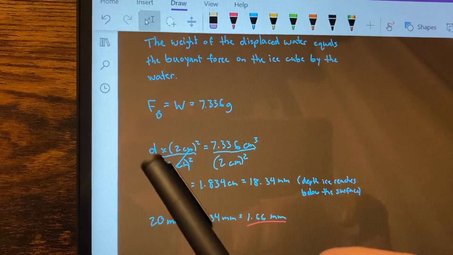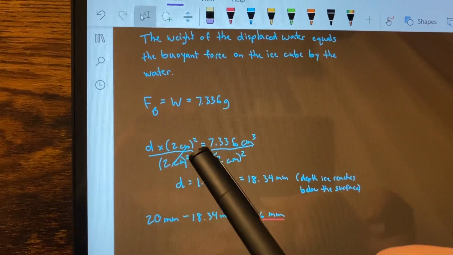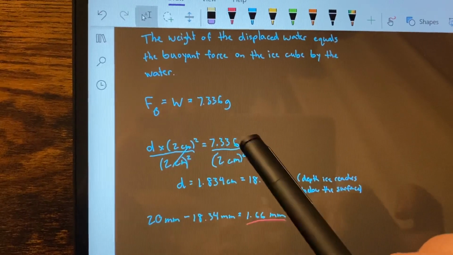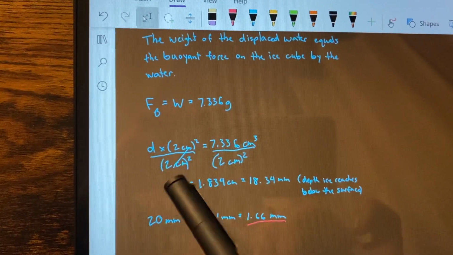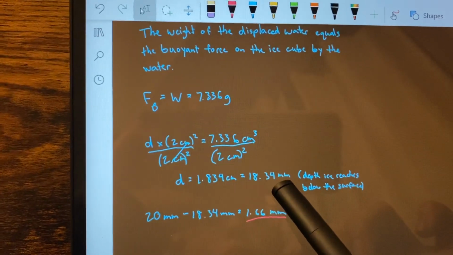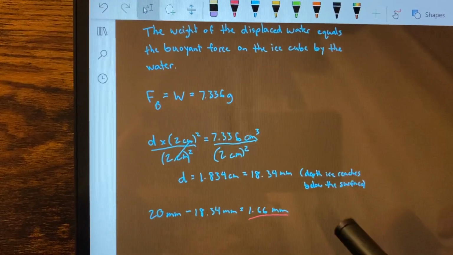I didn't know what that was. We used the area of one side and the volume to find that out. So it ended up being 18.34 millimeters under the surface of the water.